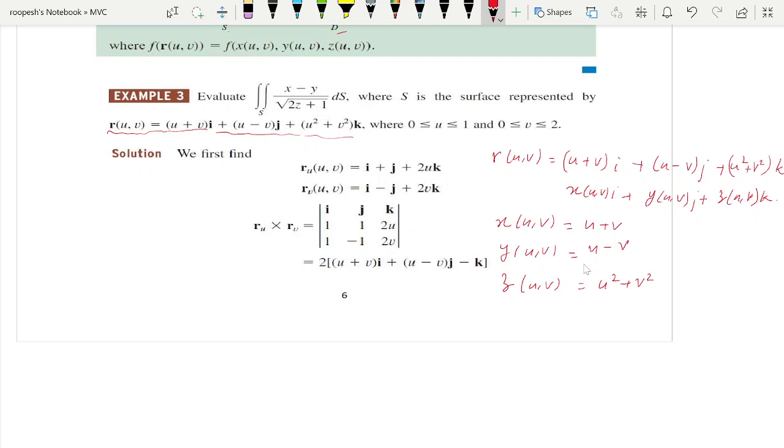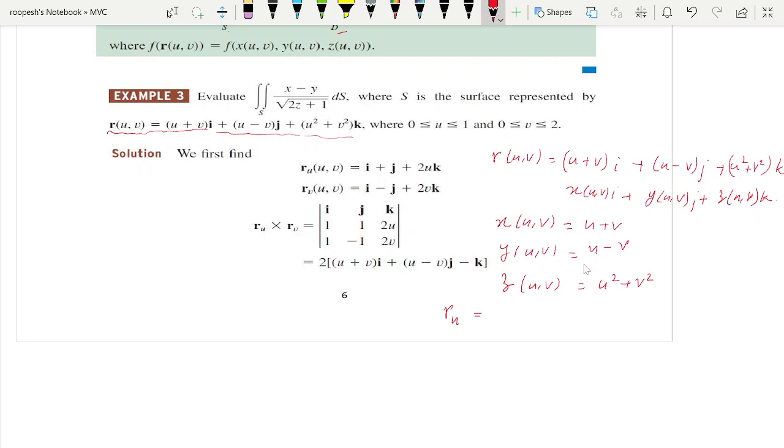Now what I said next? Next we want to find your r_u. So we want to find the derivative with respect to u of r(u,v).